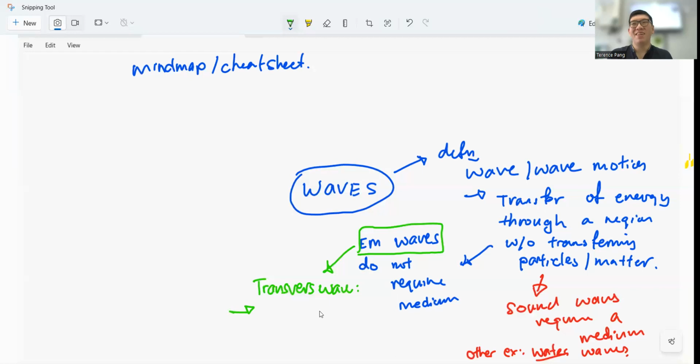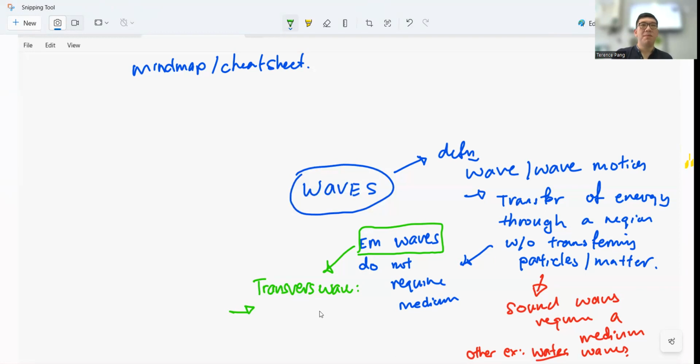So if you were to write down the answer, particle, up and down the line. The wave line. Do you want to try, Christine? Particles move perpendicularly to the direction of wave travel.